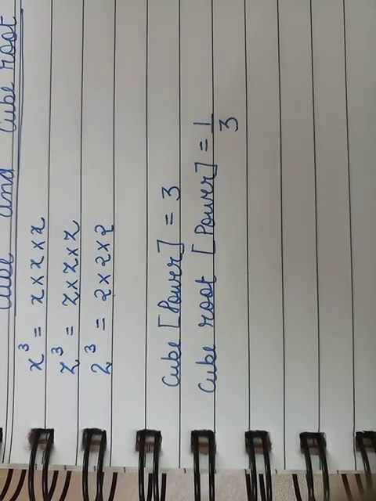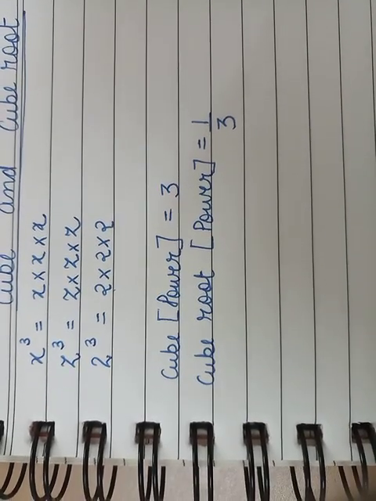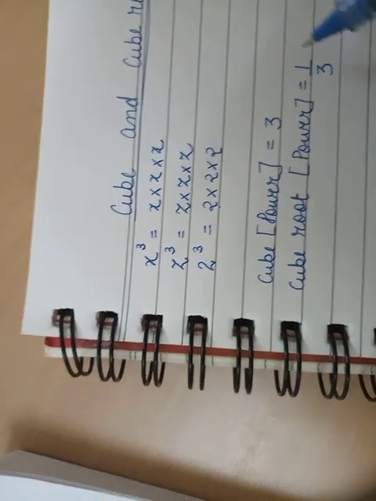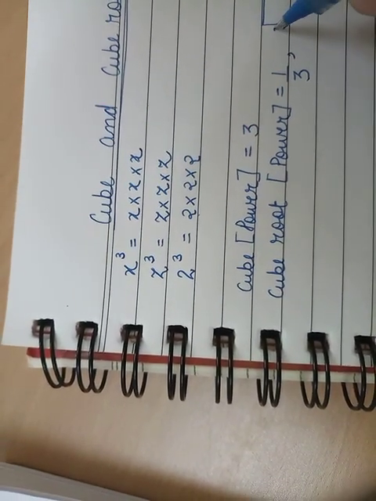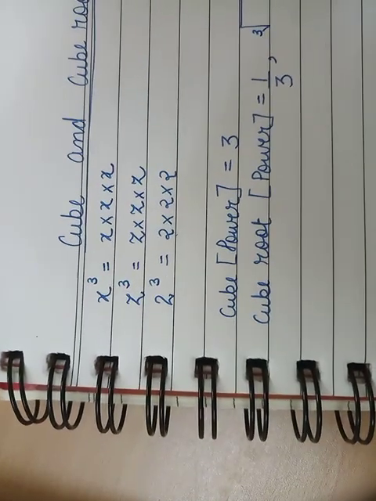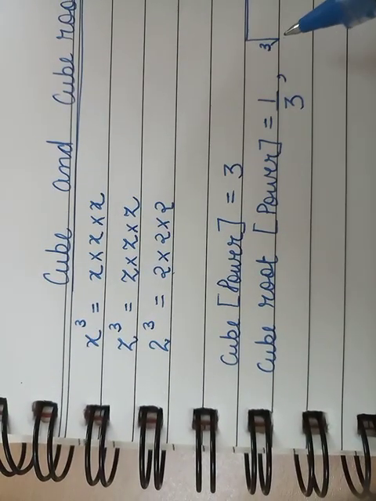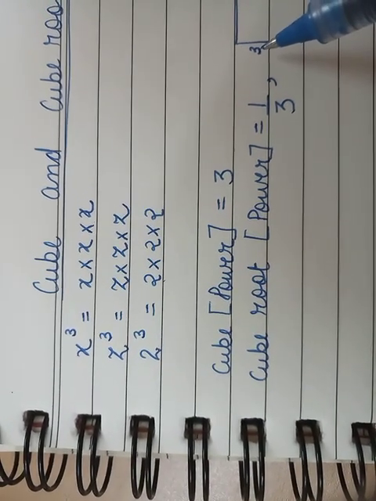And if I say the word cube root, that means power is 1 by 3. The symbol for cube root is like this. The same that we write for square root, but in square root we do not write any number here, but in cube root we write number 3.